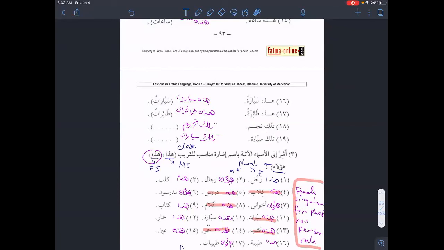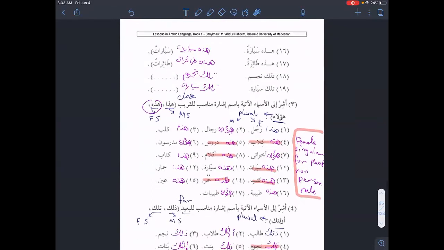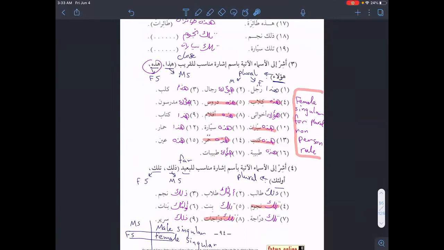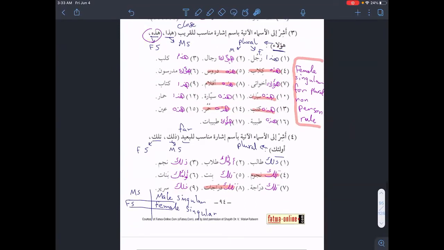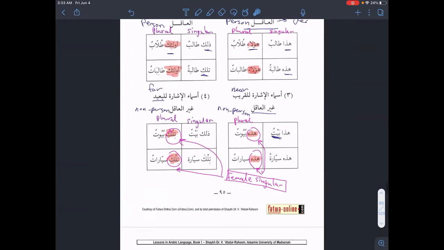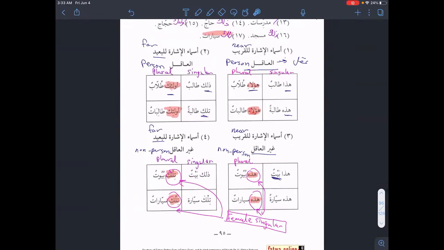And I will show you why in these two questions we have used the word تلك for both. So before I go through these, تمرين رقم 3، تمرين رقم 4, let's go to the next page, الصفحة التالية، صفحة رقم 95.